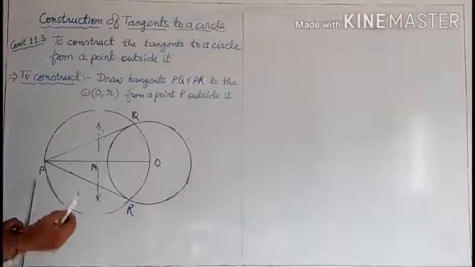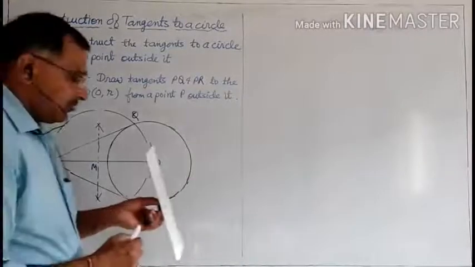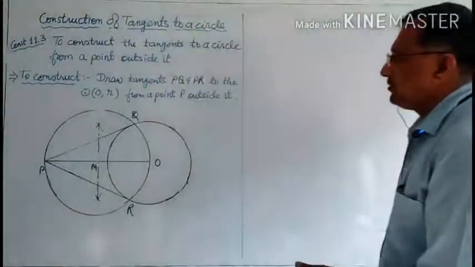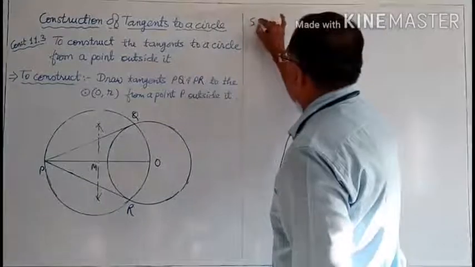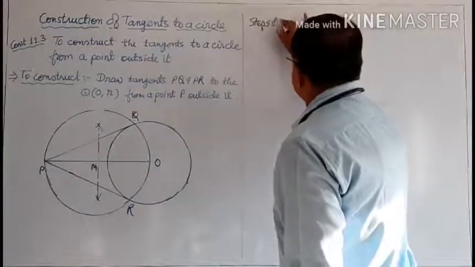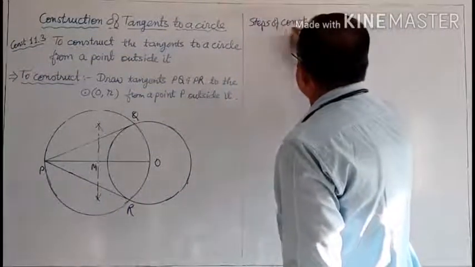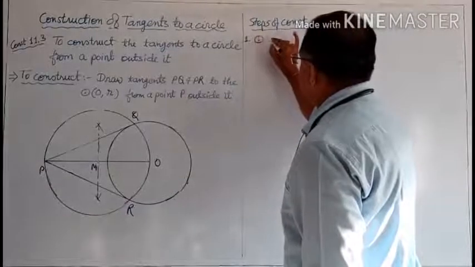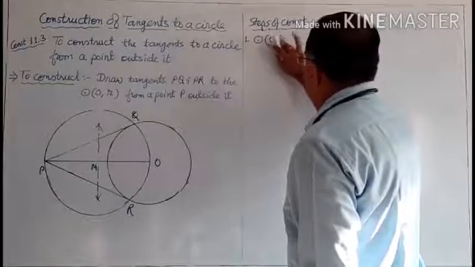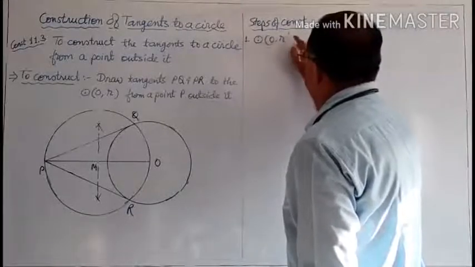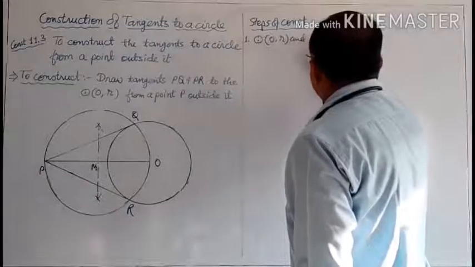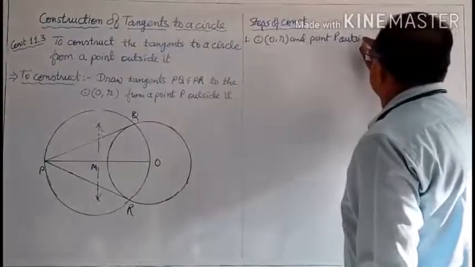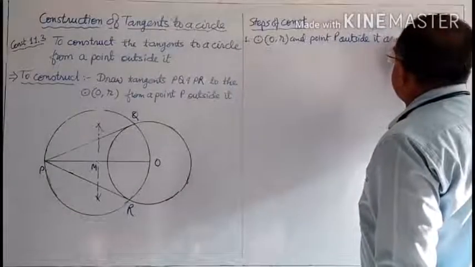Now let us go for the steps of construction. Here you can see what steps of construction we have done. First of all, a circle with the center O and the radius R and a point P outside it are given.